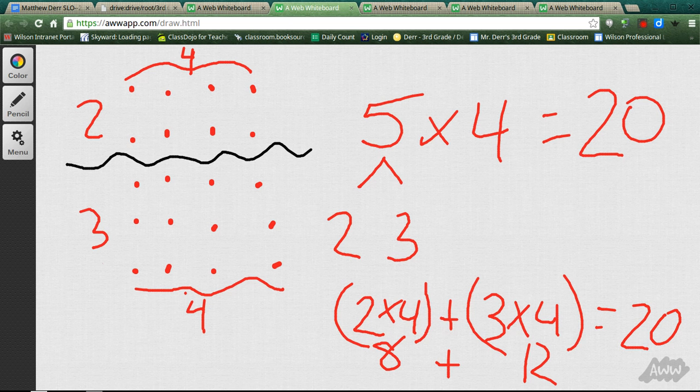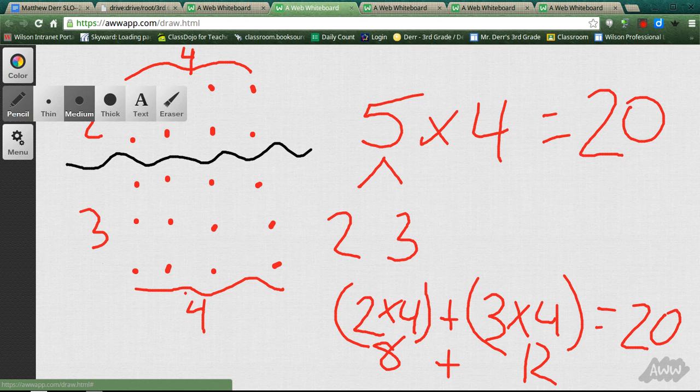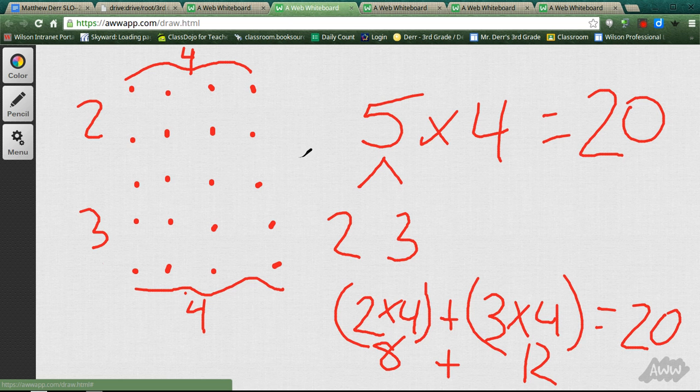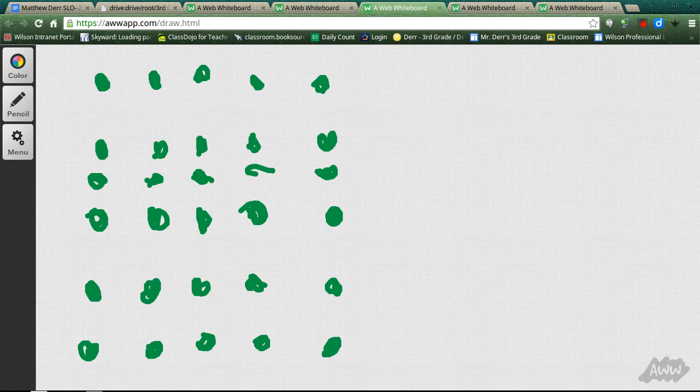So the product of 2 times 4 plus the product of 3 times 4 is still 20. And all I did was take that array and put it back together, and we still have that 5 by 4 array.